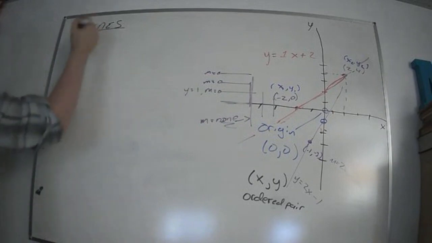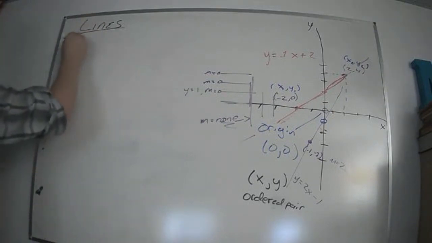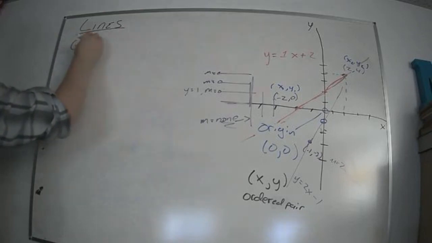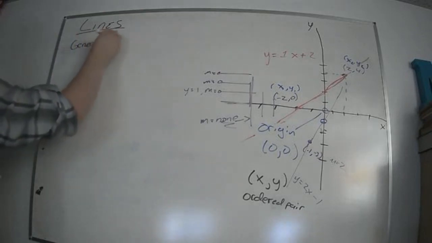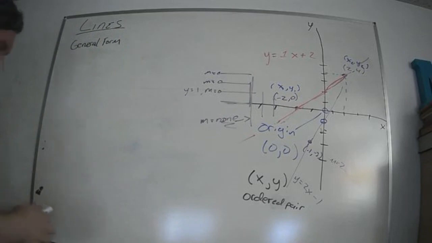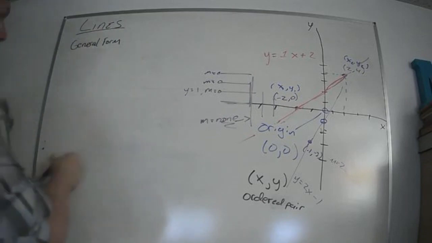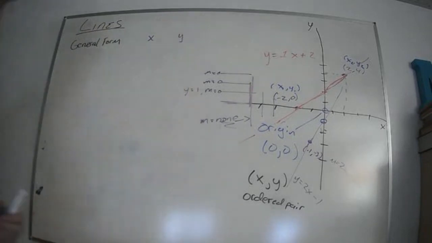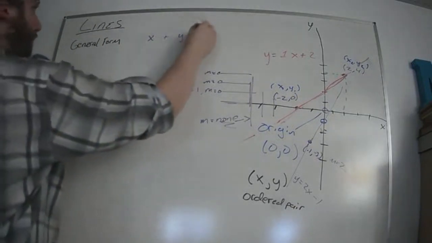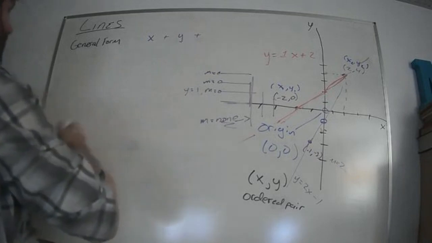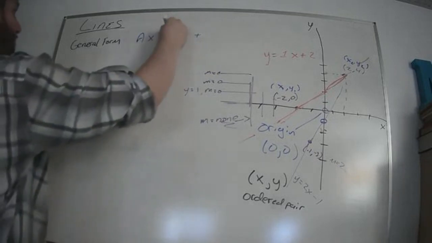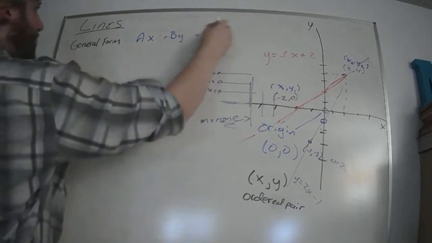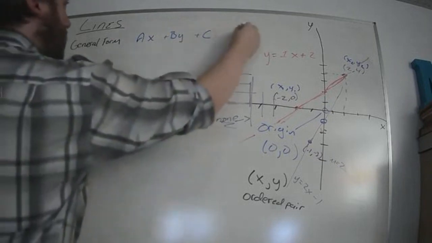So now, standard form, which this book calls general form. So I'll write general form. Now that's x, y, and it looks like this: ax plus by plus c equals 0.